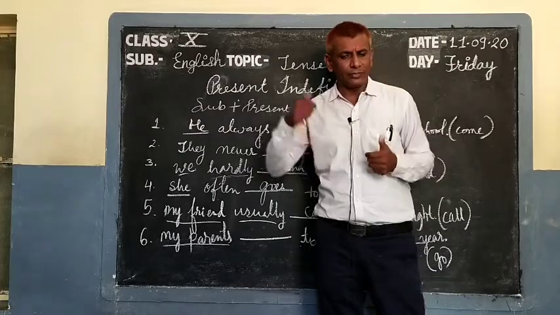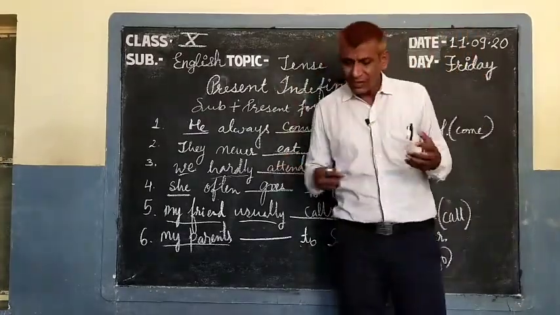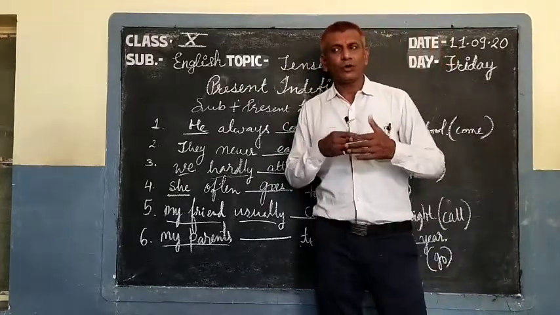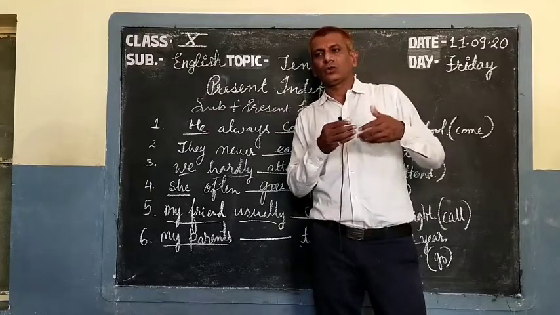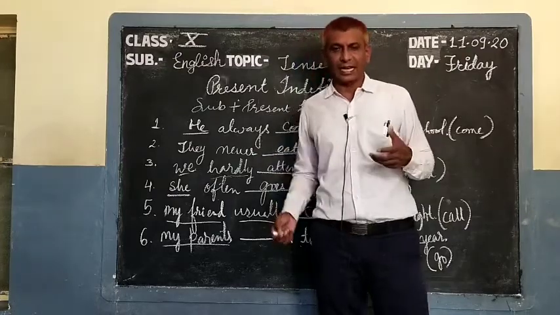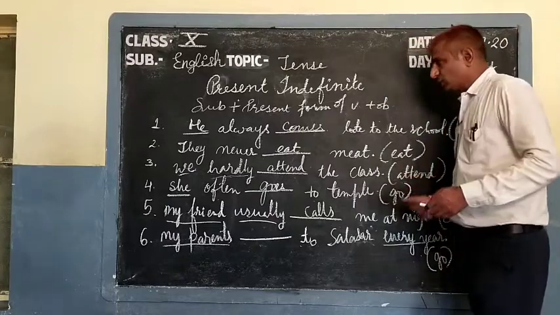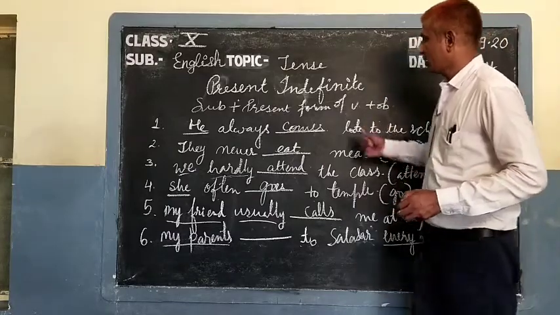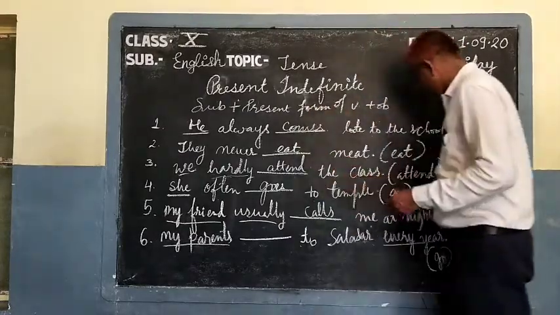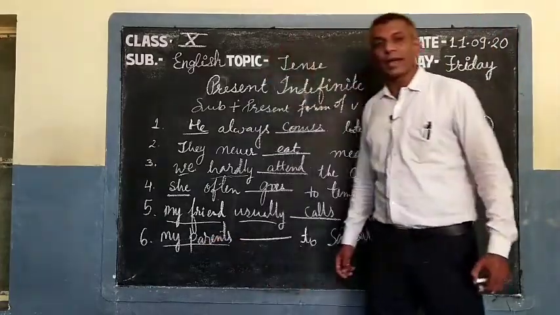And I told you in the words where we use the use of the present indefinite, something is repeated after some fixed interval. So repetition, or you can say frequently happening the things at some intervals. So every year we use present indefinite, and according to present indefinite we use the present form of this verb go, and our subject is my parents.